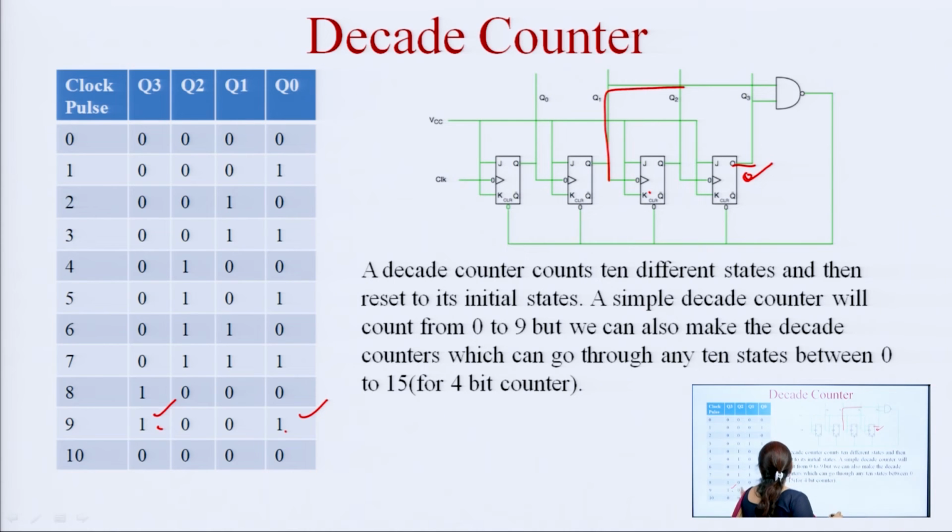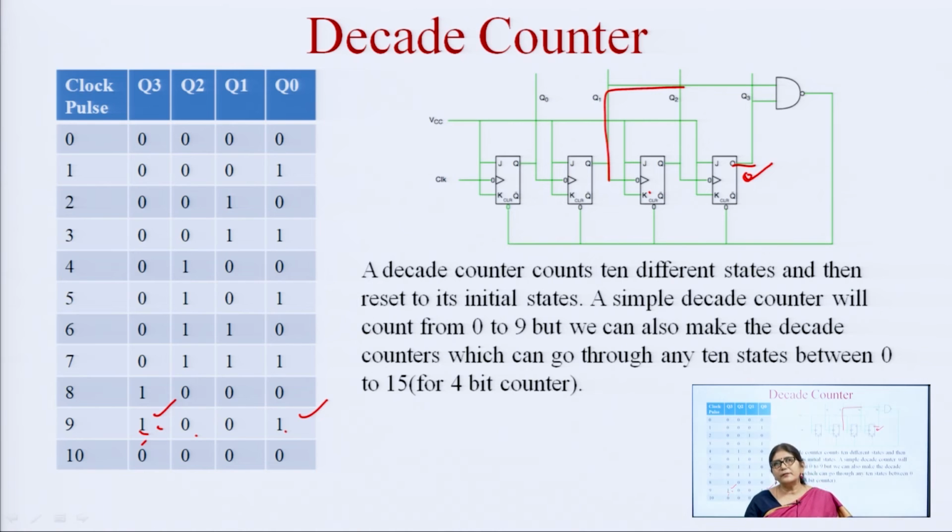When this 1 0 0 1 appears, this NAND gate will give 0 output and provide a clear signal to all the flip flops, and the flip flops will go to 0 0 0 0. So, this is the decade counter.